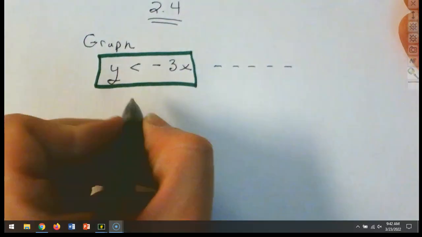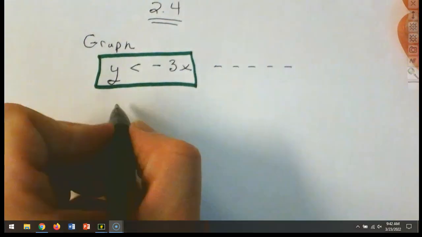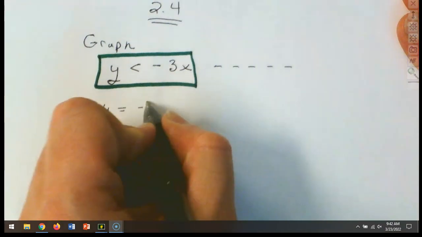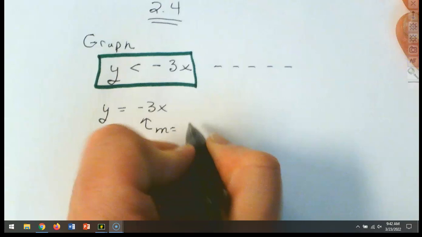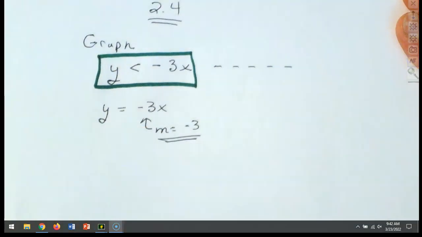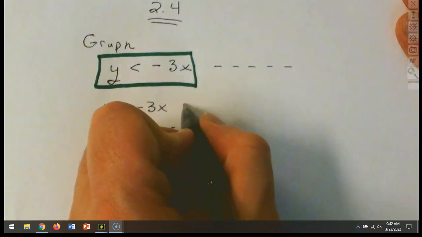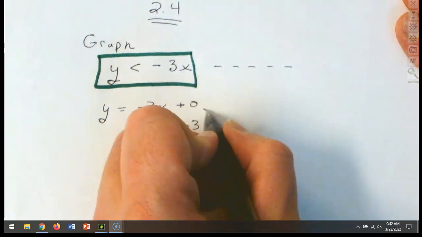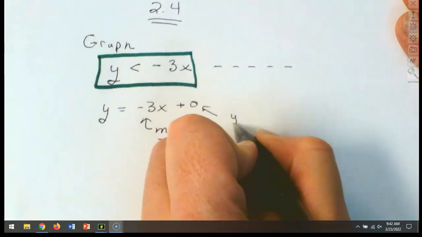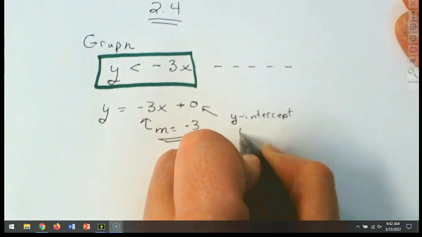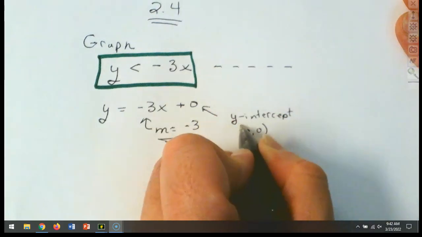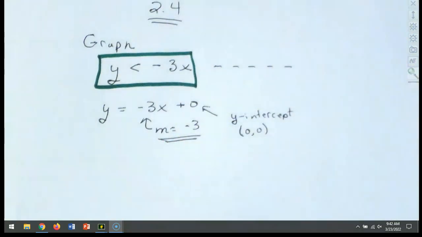It's already set up to graph, because when I want to graph y equals a minus 3x, that minus 3 is your slope. And there's no number on the end, so it's like having a plus 0. So that means my y-intercept is 0, 0, right? If there's no number on the end, that means we can add in that 0, and that means we're going to start at 0, 0.